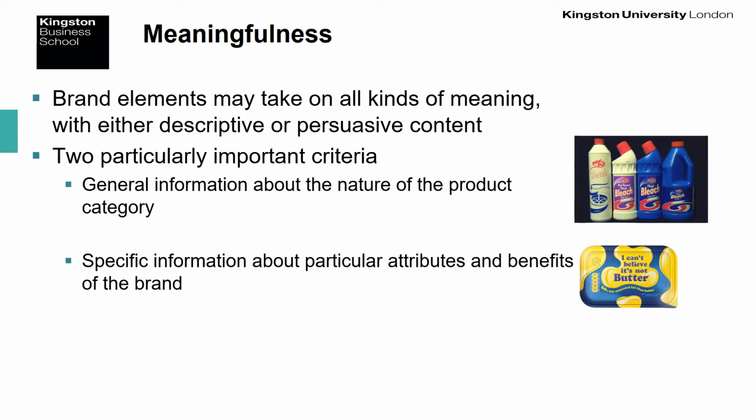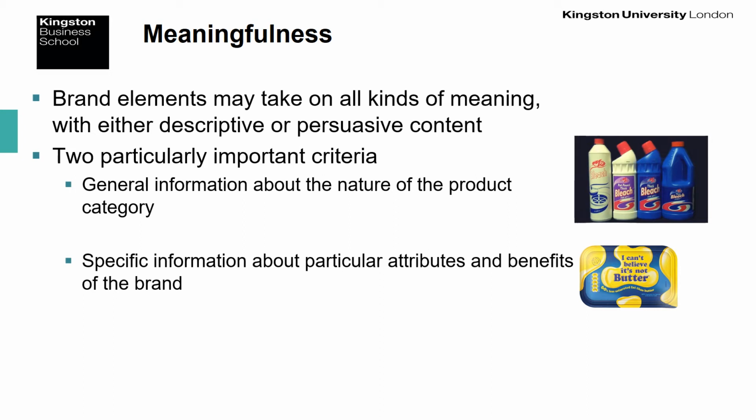It's almost a sentence. The brand name, the brand elements, the colours that are used, the golden blobs on the packaging, which look like little bits of butter, are all designed to tell you that this product is very much like butter.